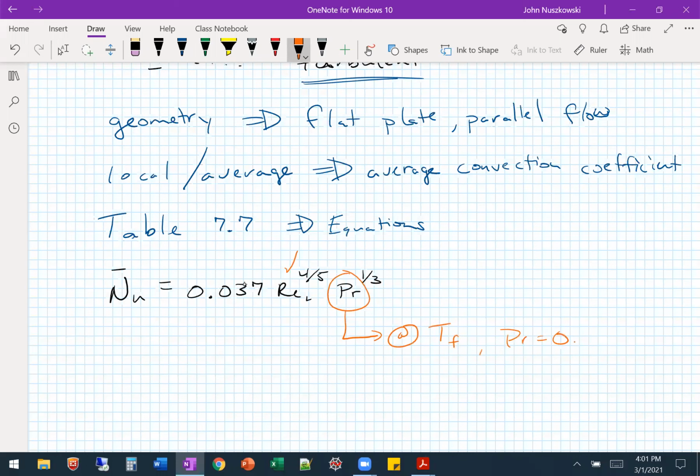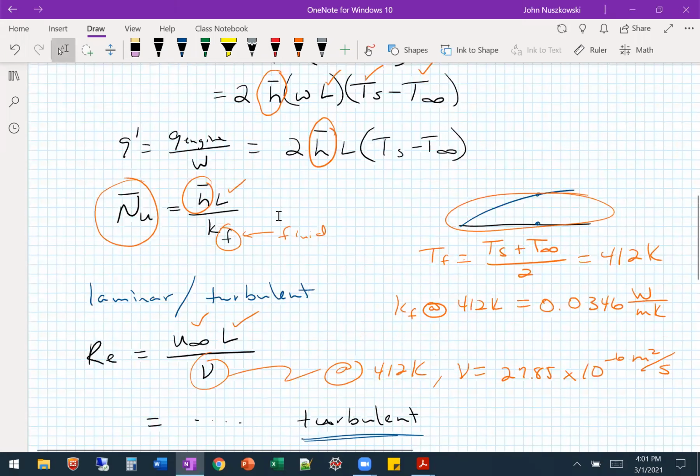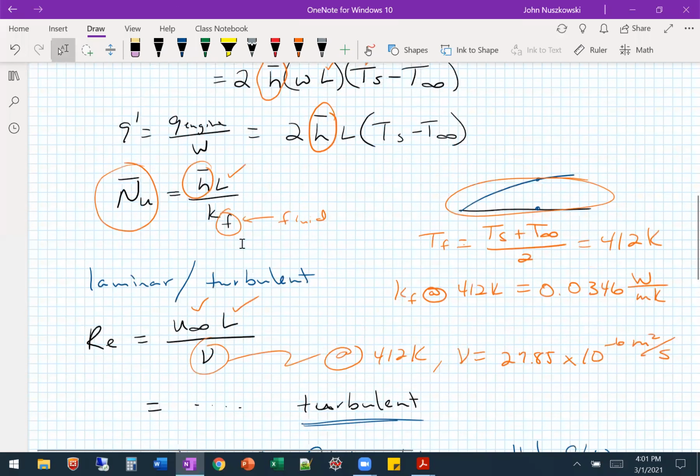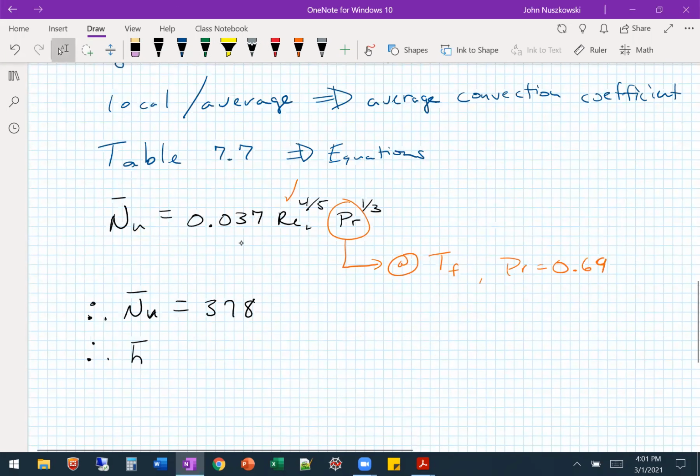And we get 0.69. Okay, so now that's enough, and we start solving, right? So our Nusselt number comes out to be 378. So then we go back up. Now we can get our convection coefficient. It's 87.